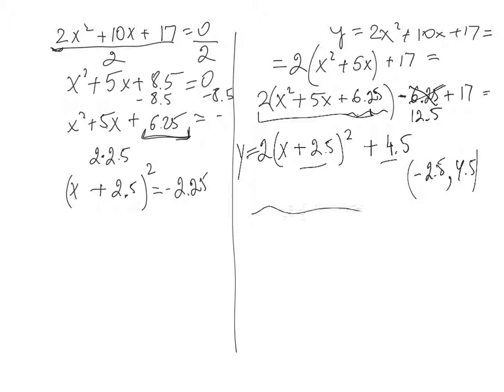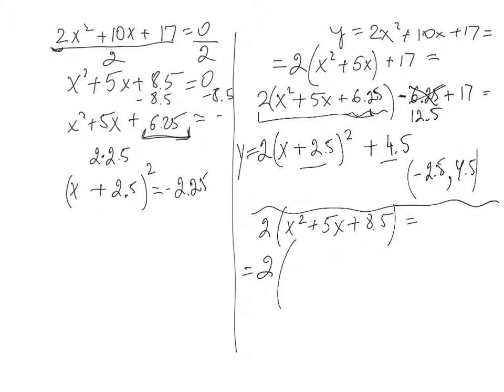For comparison, let me quickly write how it would look if I decided to factor out 2 from the entire expression. Maybe it's easier. So we factor out 2 from the entire trinomial, 5x plus 8.5, all inside the parentheses. So we're working inside the parentheses: x squared plus 5x plus whatever I decide to add.